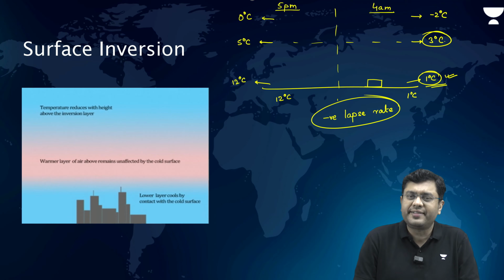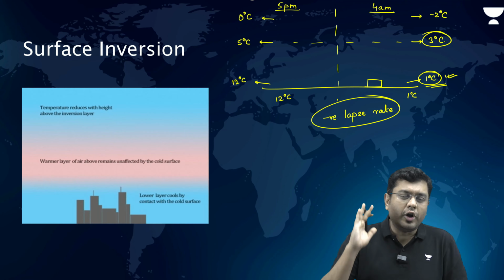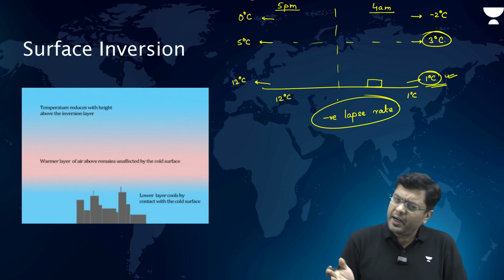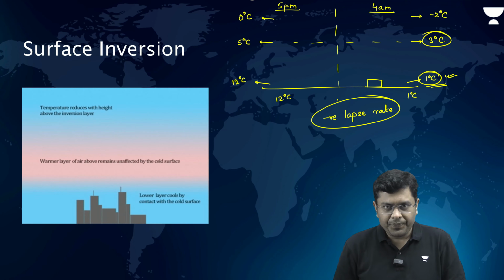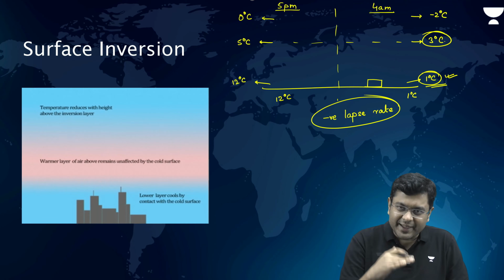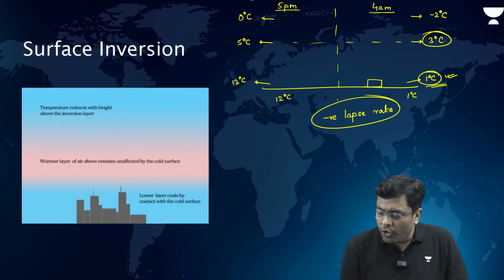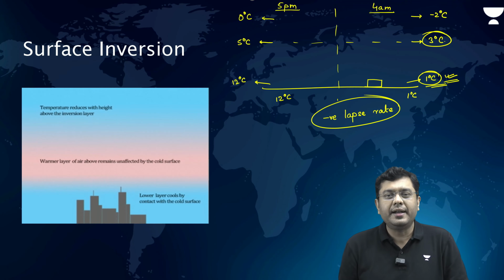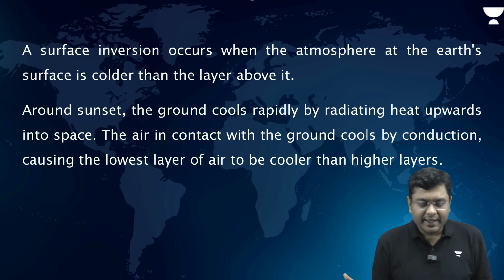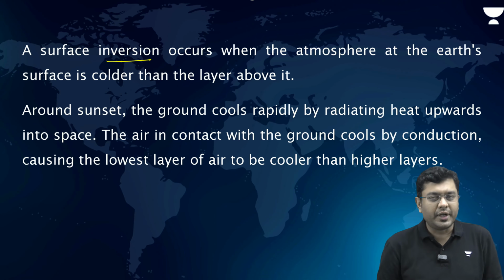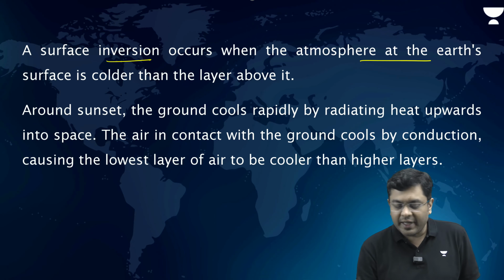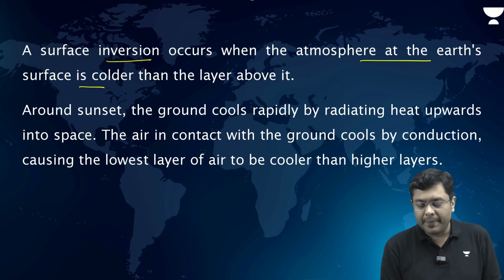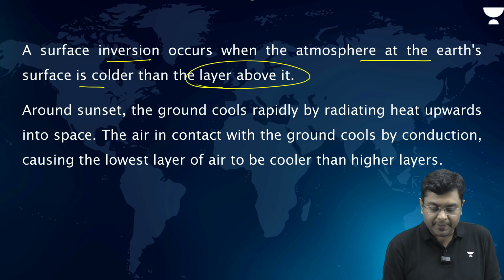Again, next morning when the sun rises, the ground will get heated up, so the air in contact will also get heated up and normalcy will be restored. But during the night time, as the ground surface again loses heat, only the air in contact will lose heat, creating a negative lapse rate. So that is inversion. A surface inversion occurs when the atmosphere at the Earth's surface is colder than the layer above it.